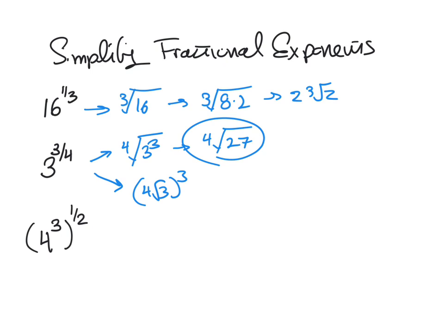Okay, now we've got another example here, which is 4 cubed taken to the 1/2 power. And of course, that would be the same thing as 4 to the 3/2, because if you have an exponent of something raised to an exponent, you multiply the exponents together. And that again leads us to 2 separate approaches.